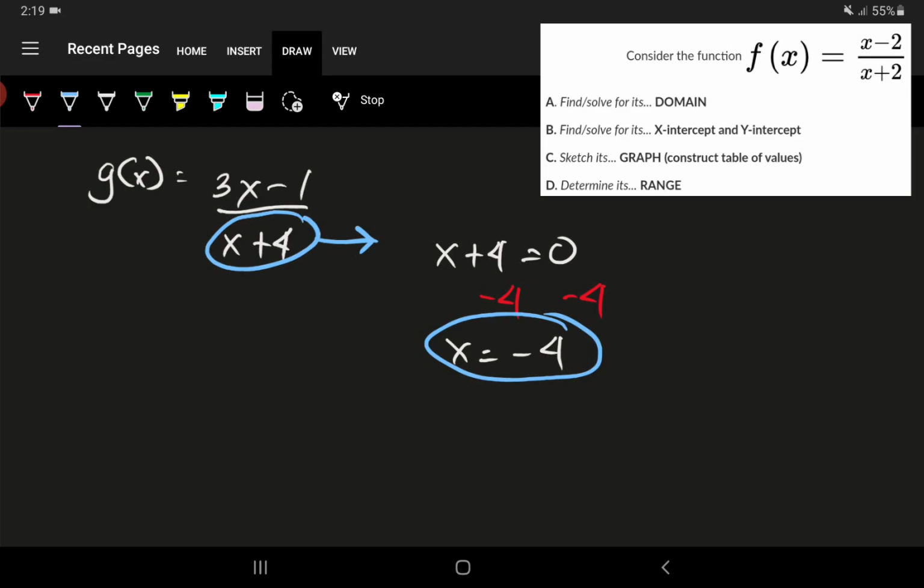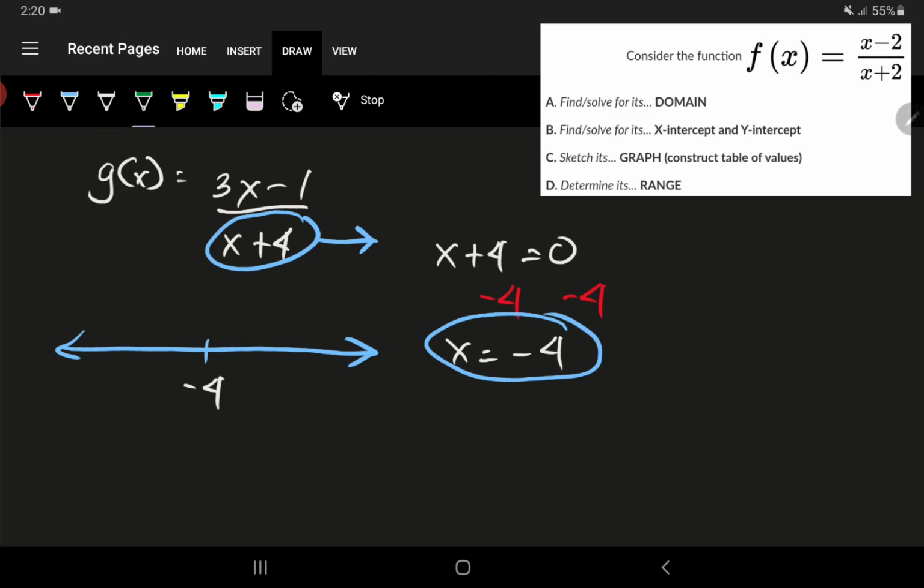So again, by the way, if you want to illustrate this one, let's plot negative 4 on a number line. Okay, since we're dealing with the domain, dear students, let's say we have negative 4 at this point. Okay? So again, the domain is a set of x values. So let's say we have this x-axis, okay?